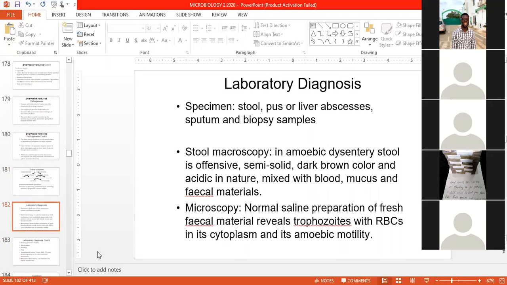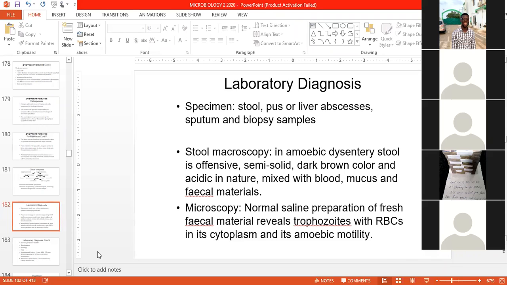So for the specimen for diagnosis, if you are suspecting dissemination or extraintestinal disease, then you'll be looking out for a biopsy from the liver. For the stool, you'll be looking out for the presence of blood, and we are saying it is acidic in nature.